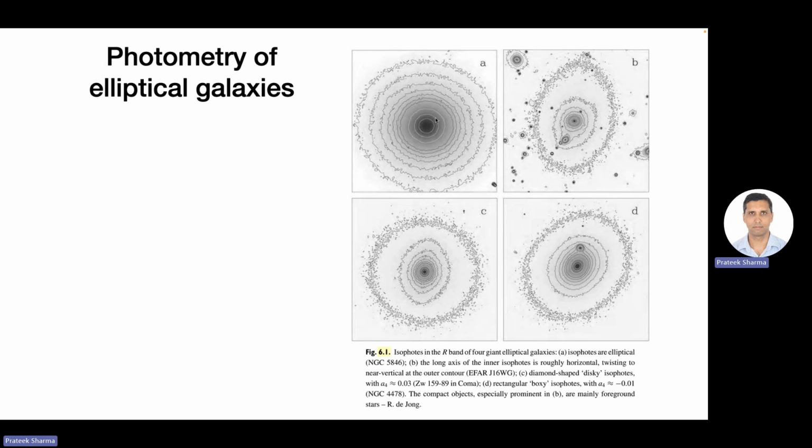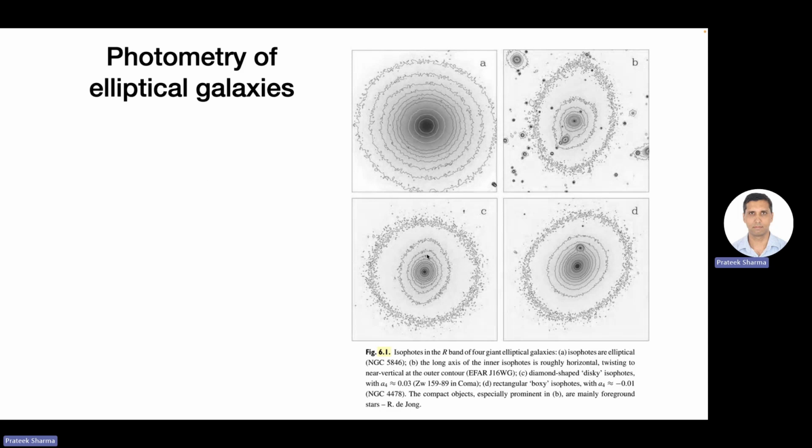You see, these are almost circular isophotes for A. For B, you'll notice that the inner isophotes are horizontal, the major axis is horizontal, whereas at larger radii it becomes vertical. This is called the twist of the isophotes. So the inner ellipses are horizontal, but the outer ellipses become vertical. This is another complicated isophote.